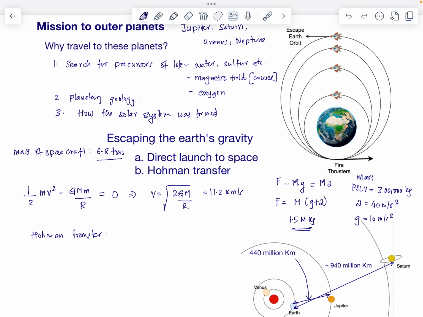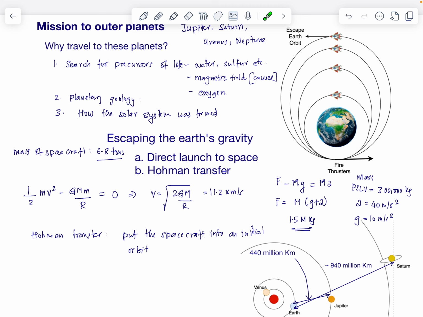You put the spacecraft into an initial orbit, and let us say this is the initial orbit of the spacecraft. When it comes close to the earth, let this be circular anyway, you pick a point here and then you fire thrusters in this direction, so that the spacecraft moves out into a higher orbit.